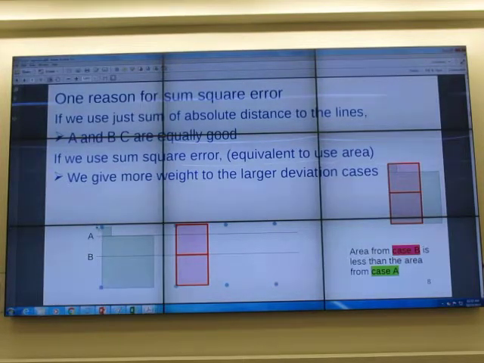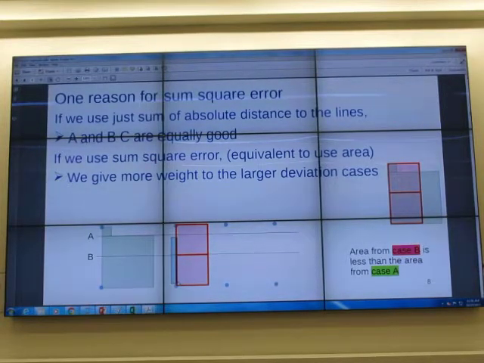Instead of 5 plus 5, in A maybe 2 plus 8. Plus 2 plus 8. 2 plus 8 is 10, right? 5 plus 5 is 10. So the sum of the absolute value is maybe, let's say, 10, 10, 10, 10, 40 for A, and also 40 for B. So if you just use absolute value, you cannot tell which one is better. Make sense? If you just use absolute value, it doesn't tell you.